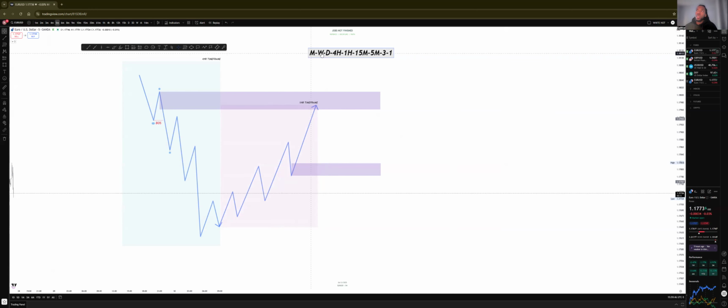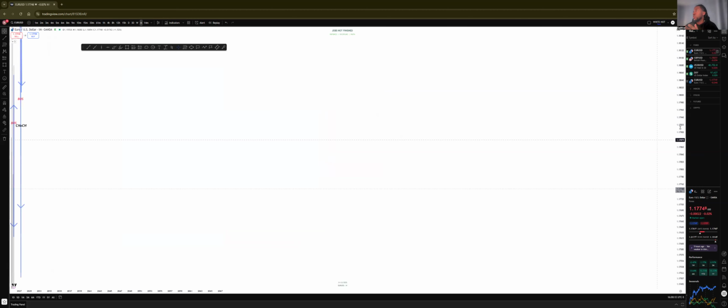Now, the monthly and the weekly, even the daily, you might look at specifically the monthly and the weekly like once every 3 weeks. You're not going to look at the monthly every day because not much is going to change on a monthly on a daily basis. You're just taking a quick look at the monthly just to see where the market is at. You just want to get an overall look of, okay, where is this market at?